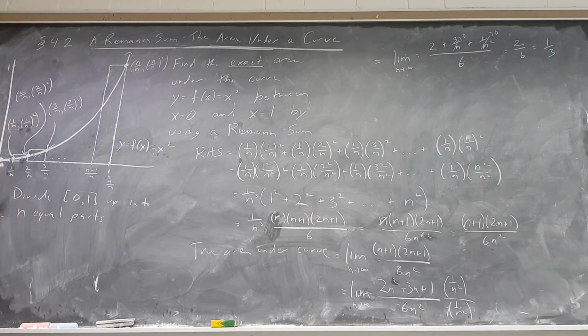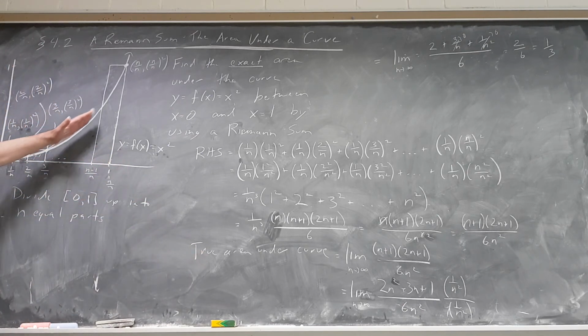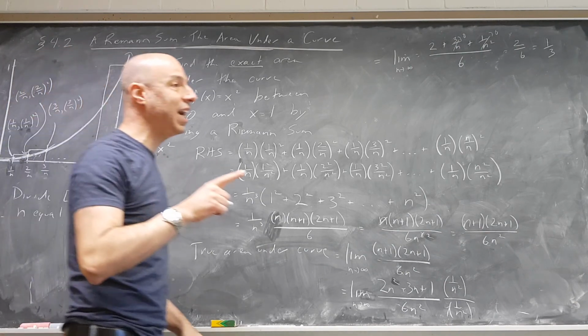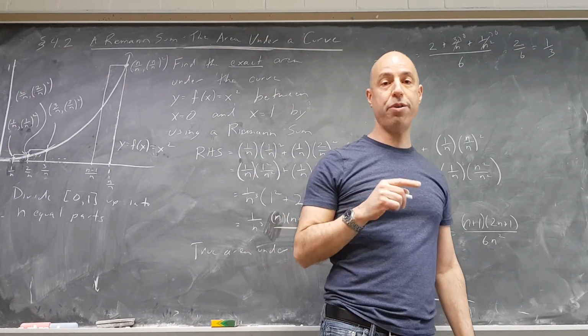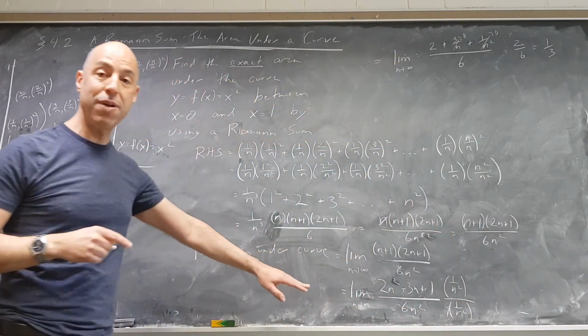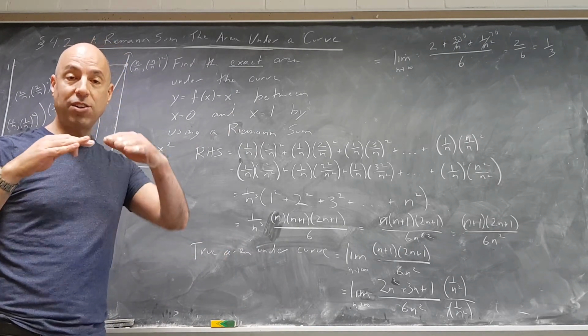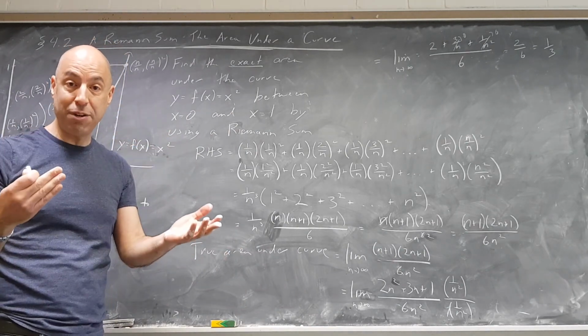And we were able to determine the exact area. This was the true area under the curve y equals x squared between x equals 0 and x equals 1. It is exactly 1/3. And this business about using the limit is what makes this calculus. We saw that when we were looking for the slope of a tangent line, we needed a limit for that.